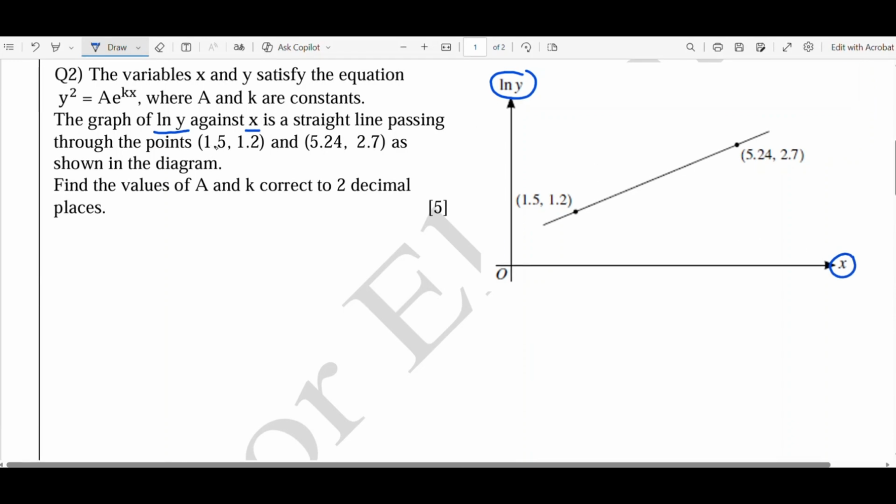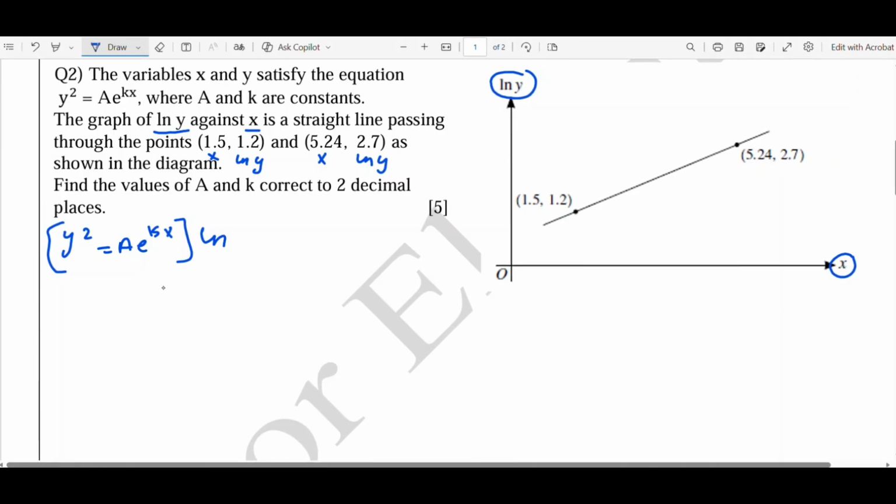So when I convert y squared equals a e to the power kx into ln, I multiply by ln, and the output will be ln y and the input will be x. Find the values of A and K correct to two decimal places.